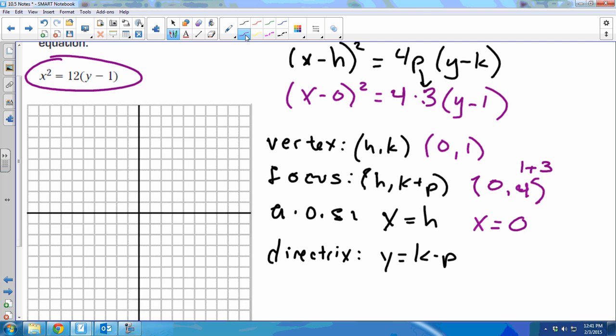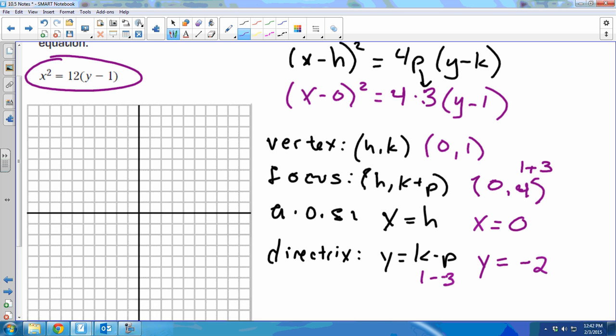So in this case, that means y equals, so what is 1 minus 3? Negative 2. So it connected. I didn't mean to. k minus p. k is 1 minus 3, negative 2. Everyone good with that? All those pieces.